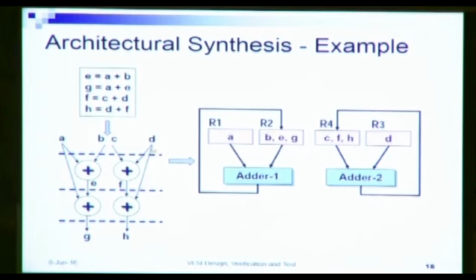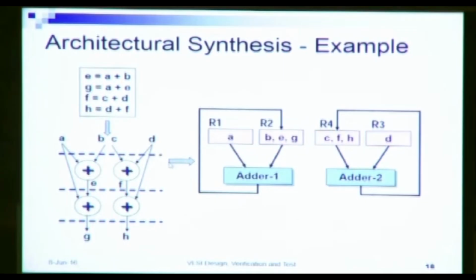D is the other input, and H is finally produced as output at the second time step. So we understand that this whole design can be completed in 2 time steps. However, because there are 2 parallel additions in a particular time step, we need at least 2 adder units, 2 adder resources.